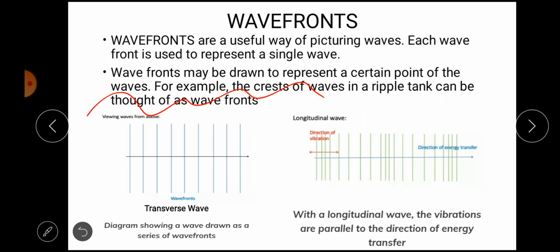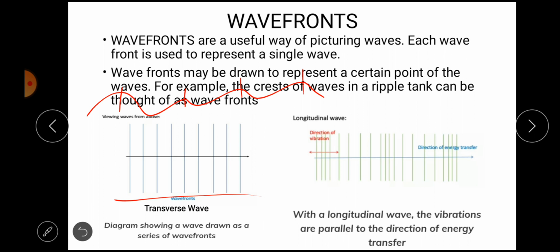So we take the peaks, which are the crests. This is the crest, the second crest, the second crest, the second crest. Then we draw those as just lines, as shown here in this diagram. The lines in this case represent the crests or the peaks. But if you like, you can make the lines represent the troughs, so it doesn't matter.